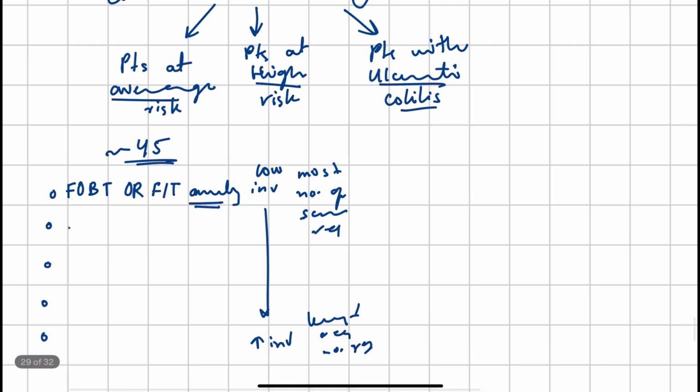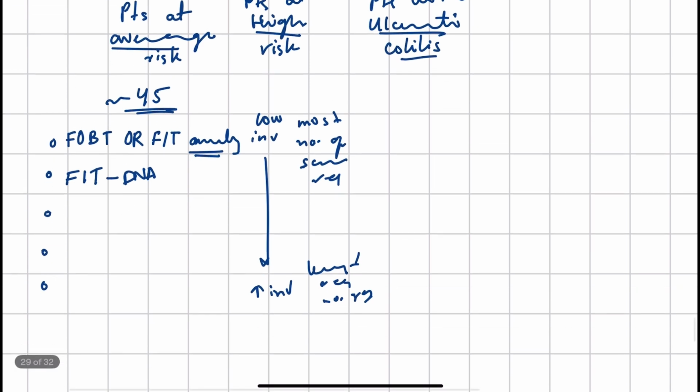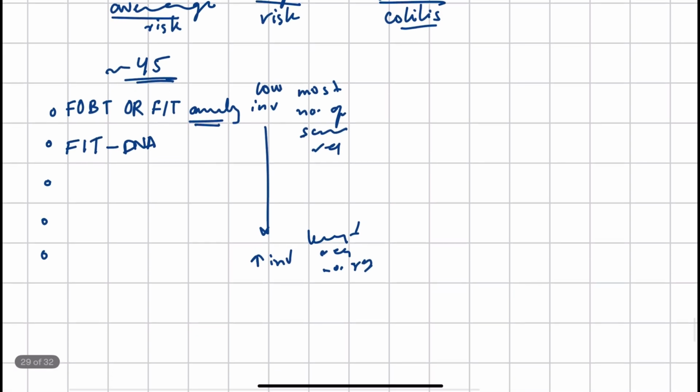The second we can do is fecal immunotesting, but this time with DNA, and it basically just tests the DNA in the stool for malignant cells, and we do this every 1 to 3 years. Then we have the CT colonography, basically just CT of the colon, and we do this every 5 years.